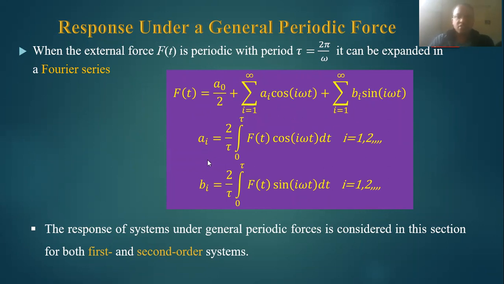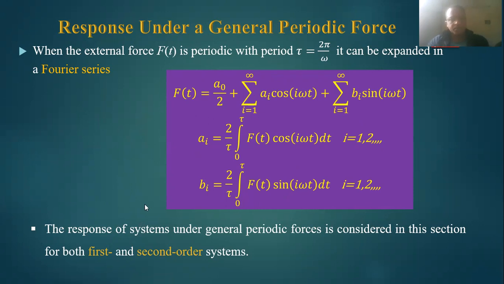So the coefficients are expressed as ai equals 2 over the time period, times the integral of f of t cos i omega t dt, where the integral is over the domain 0 to the time period, for i equals 1, 2, 3, and so on. And bi can be defined similarly, because here b is the sine coefficient, a is the cos coefficient, and a naught is the constant.